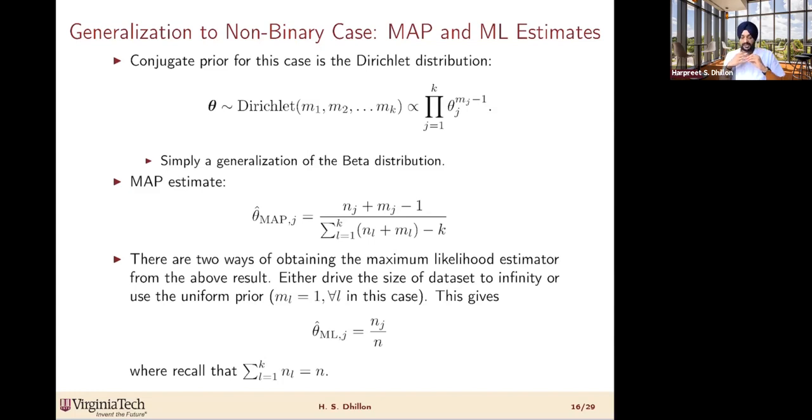The second thing you can do is to use a uniform prior, which in this case is just mj equals 1. You can put mj equals 1 and check for yourself that you will reduce to this intuitive ML estimate, which says that theta ML for j, which is the probability that your random variable is taking value j, is nothing but the number of times it occurs in the data set divided by the size of the data set. Pretty intuitive.